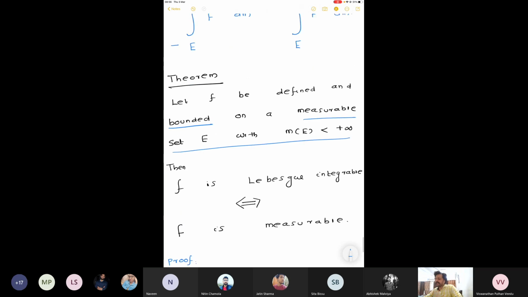But before that, let me again tell you, we have achieved Lebesgue integration only for bounded functions. They can be negative or positive, doesn't matter, but it is a bounded function. And also the function is to be defined on a measurable set with finite measure.